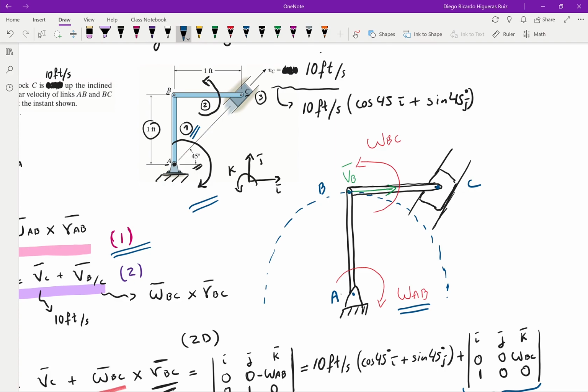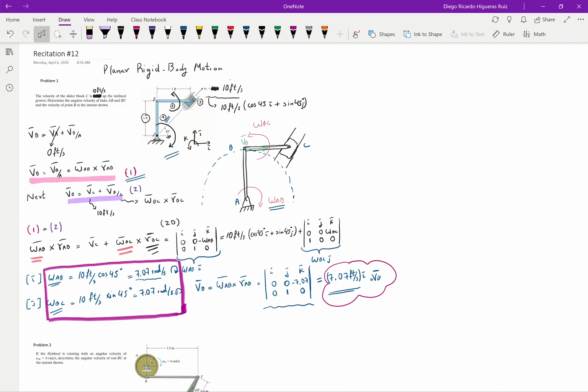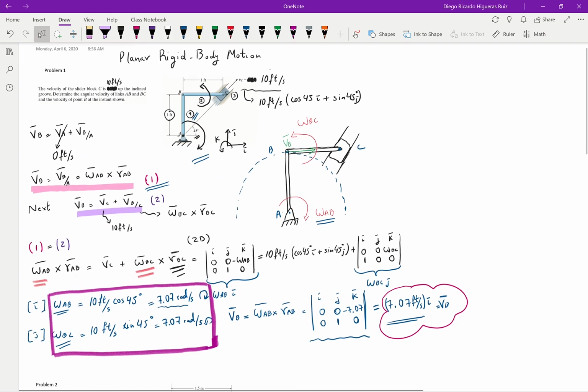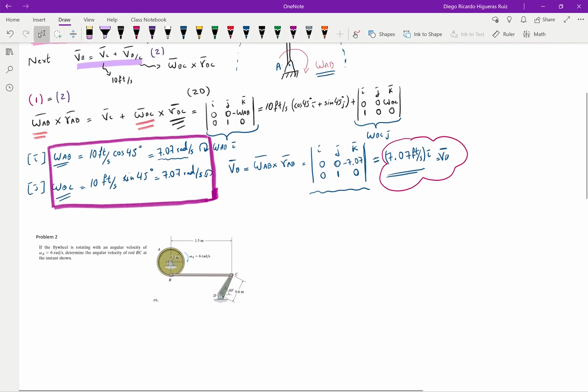That's what we obtained, so that makes sense. First problem is done, and we're gonna go ahead and start with the second problem.